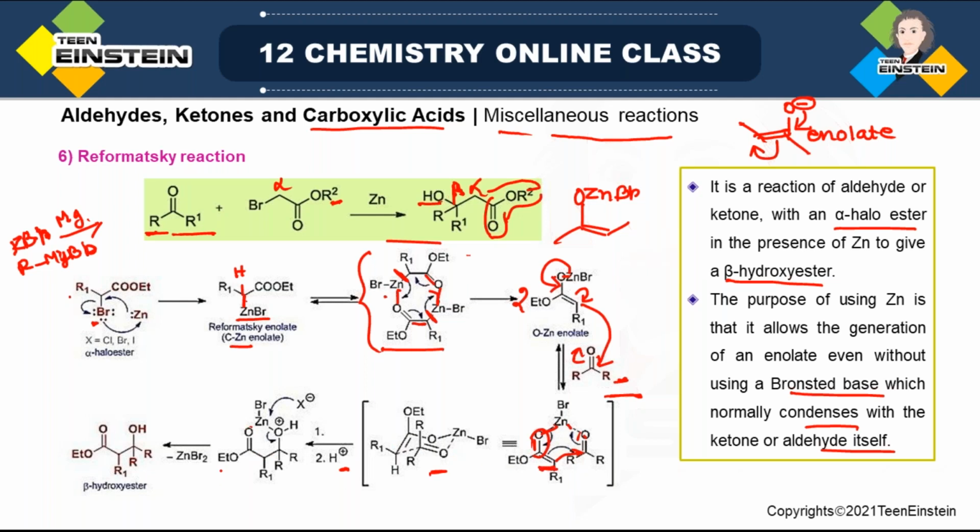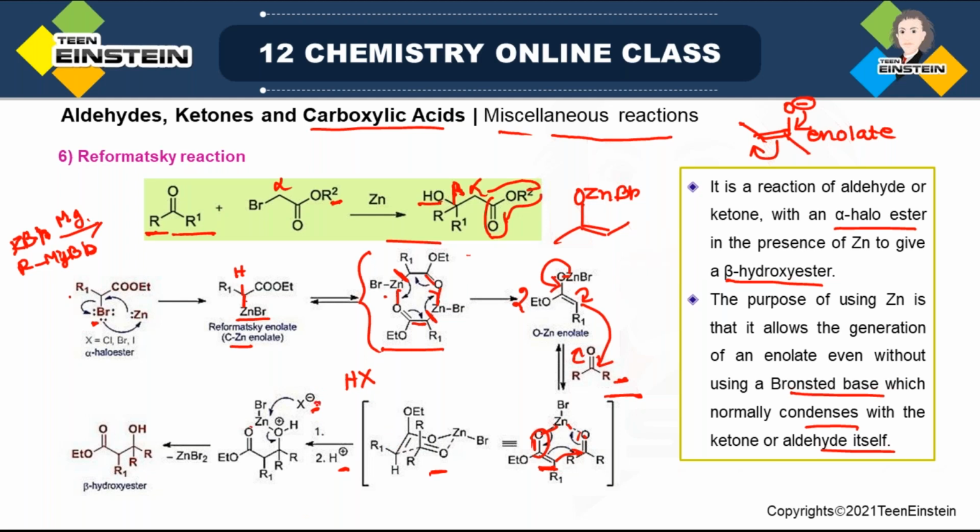This C=C double bond is now a C-C single bond, and finally ZnBr2 forms. So Zn will be removed in the form of ZnBr2. Here it is written X minus, which is basically coming from H, that is if you use HX as acid, it may be HBr also.